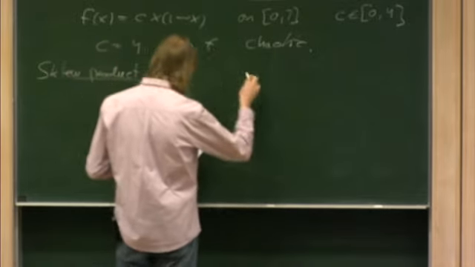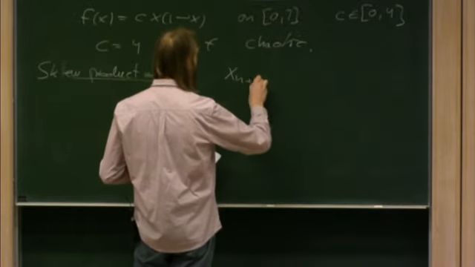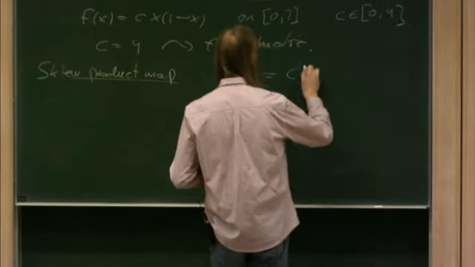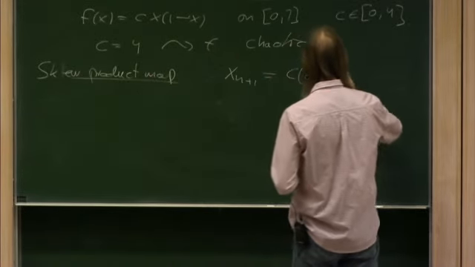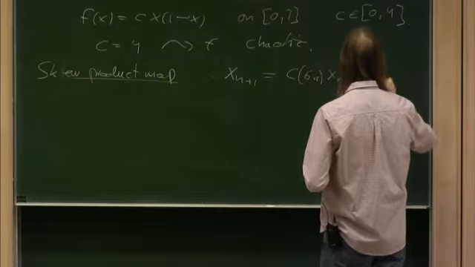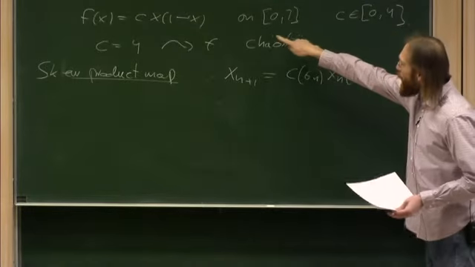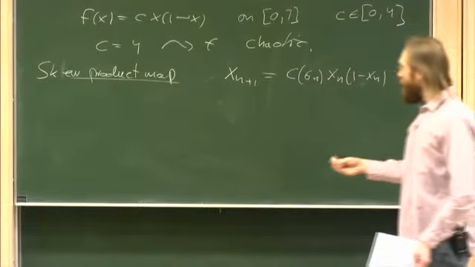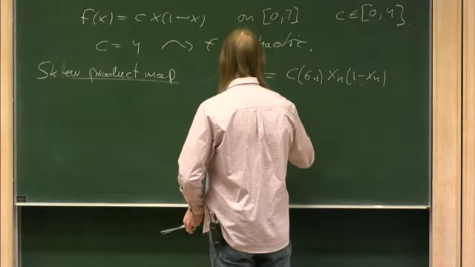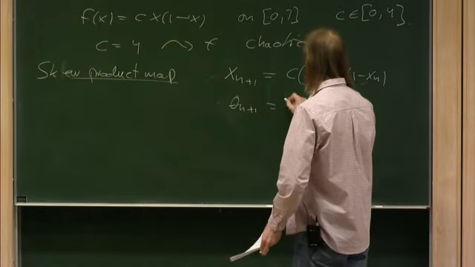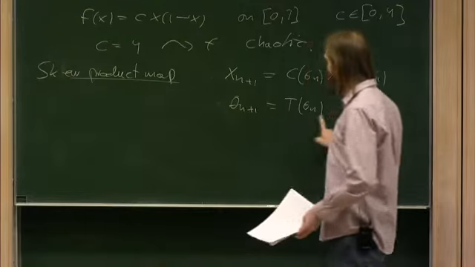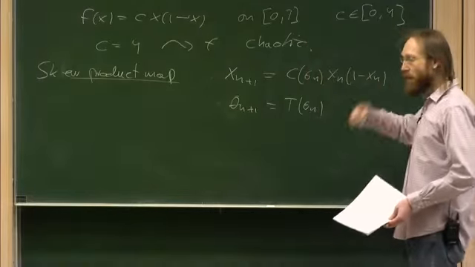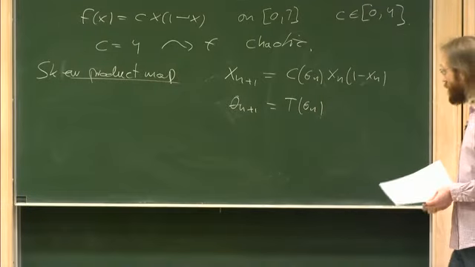In the x coordinate, we take C of theta n times x n times 1 minus x n. So I have the same map as here, but I let the coefficient change with time, and the forcing is induced by another dynamical system, which is independent of x. So this is the skew product map.